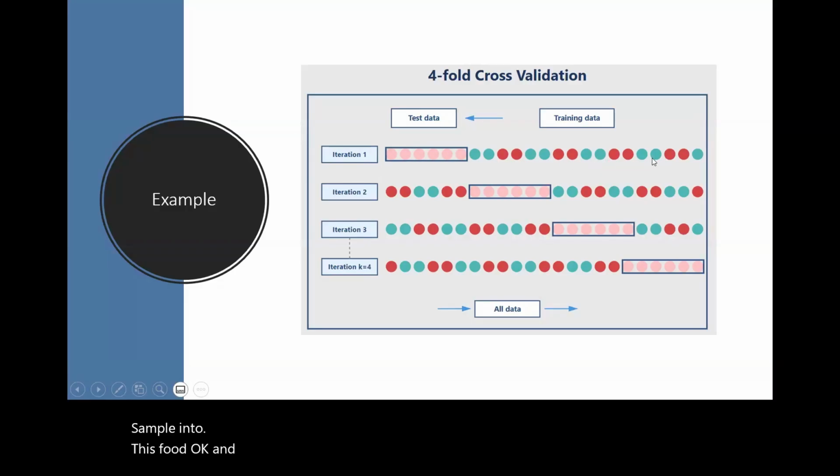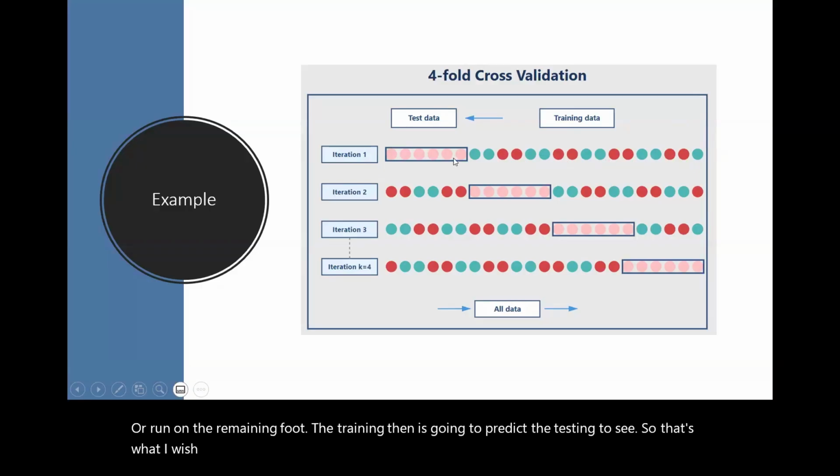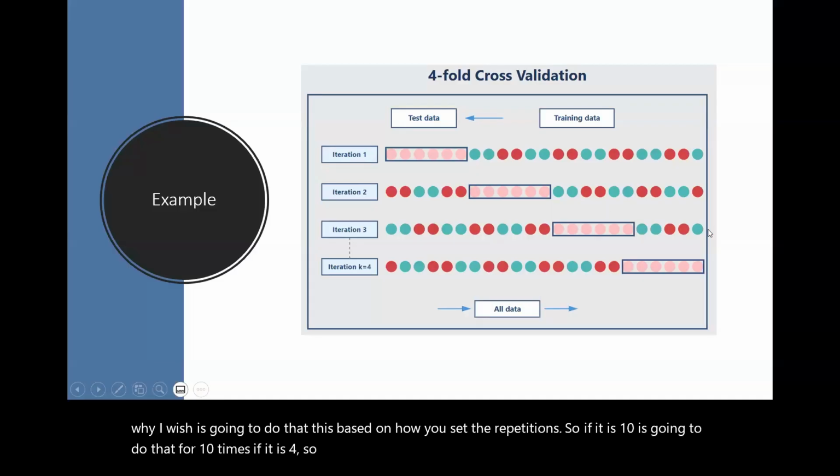The first iteration will run on the remaining folds, the training, and then it's going to predict the testing data. So that's one iteration. It's going to do this based on how you set the repetitions. If it is 10, it's going to do that 10 times. If our iteration is 4, it's going to do that 4 times.